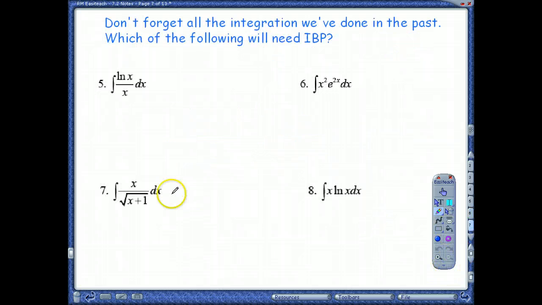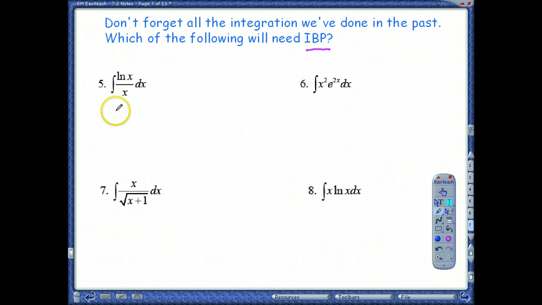Okay. Now on this slide right here, I would like for you to tell me which of the following you are going to use integration by parts, which I have abbreviated IBP, and which ones you are not going to use integration by parts. So stop the video, decide. Okay, hopefully you have taken a look at all of these.